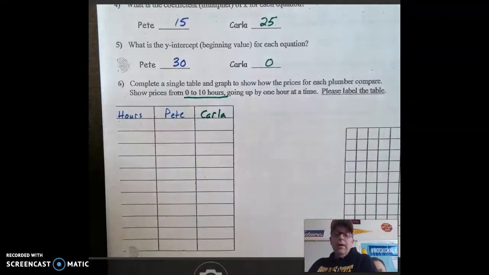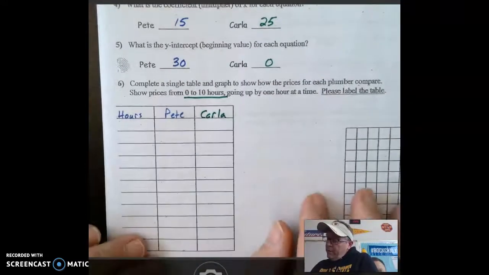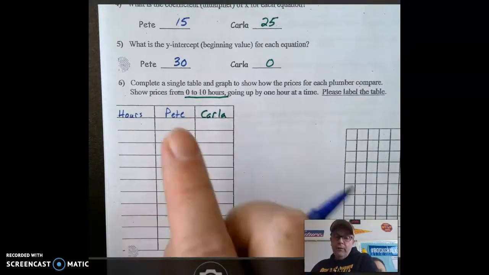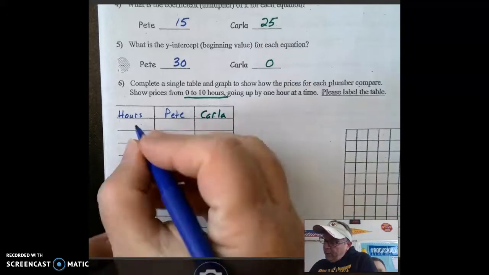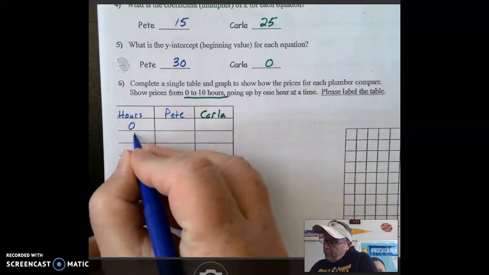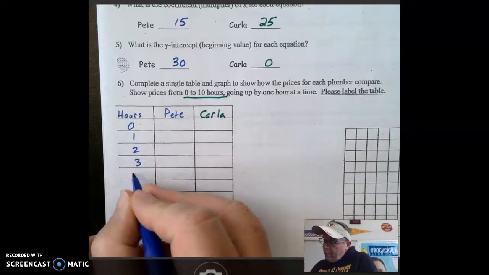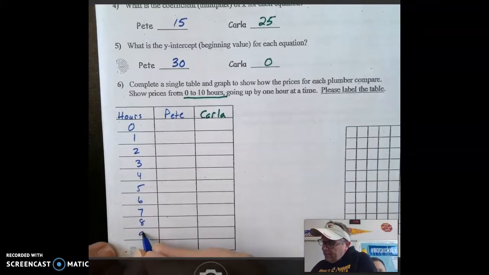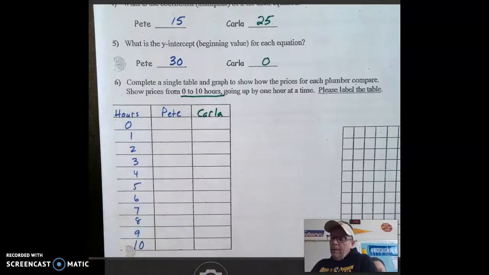Okay, really specific, when it does give you directions for this, you want to follow really carefully. So show prices from 0 to 10 hours. My hours, I want 0, 1, 2, 3, 4, 5, 6, 7, 8, 9, 10. And then we're going to talk about our cost for each one.